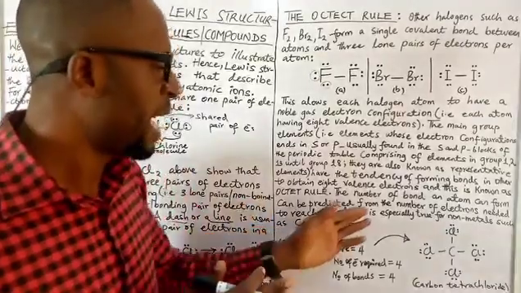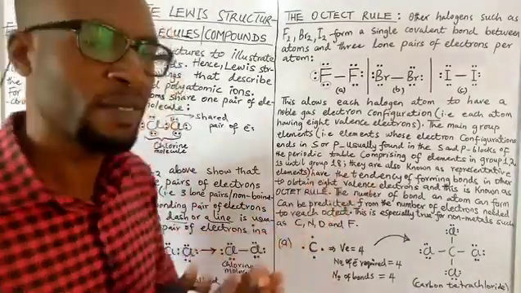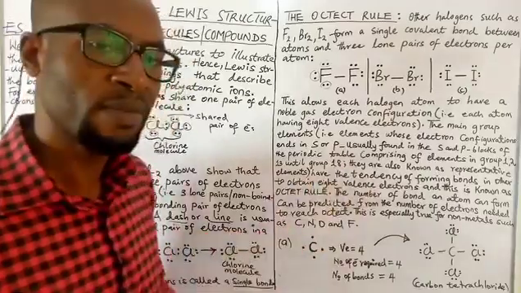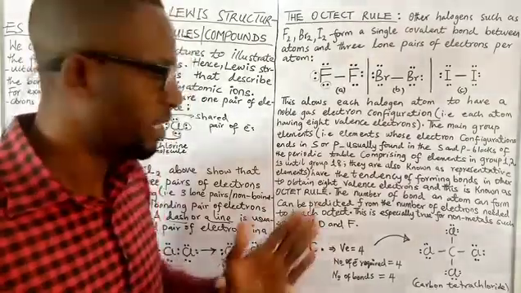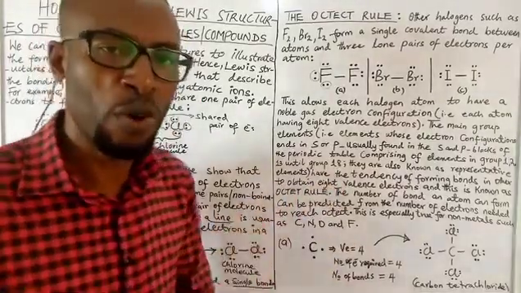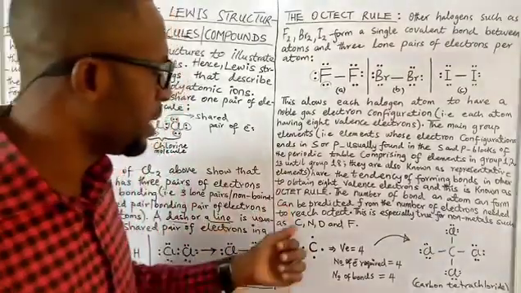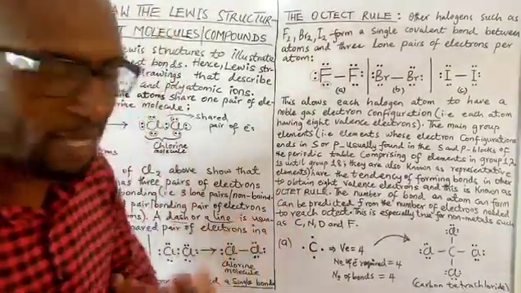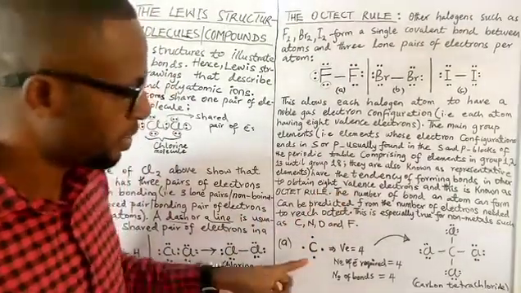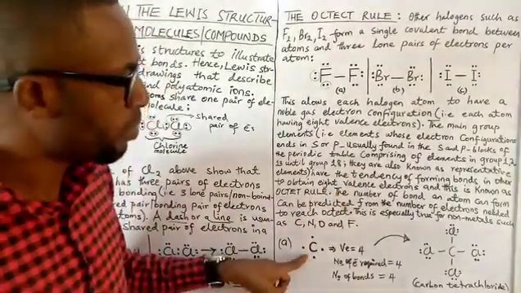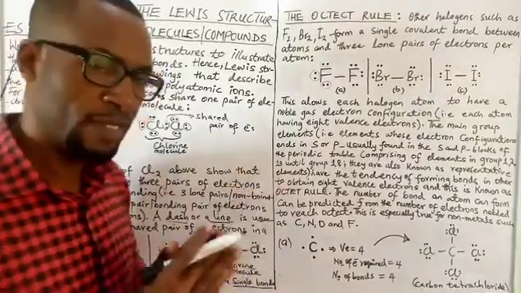Nice. And this statement is especially true for mostly non-metals such as carbon, nitrogen, oxygen, fluorine, and so on and so forth. If we take carbon, for instance, as an example, to appreciate this statement, you understand that the Lewis symbol of carbon is carbon centrally placed with 4 dots.